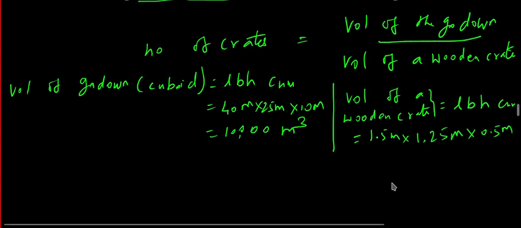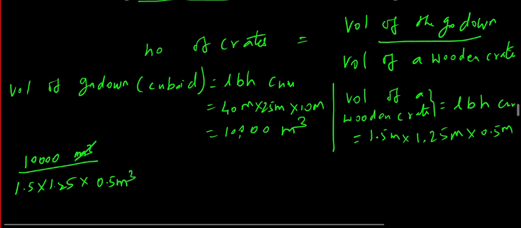So this should be in the numerator and this we have to write in the denominator. So 10,000 meter cube divided by 1.5 into 1.25 into 0.5 meter cube. So meter cube and meter cube will get cancelled.